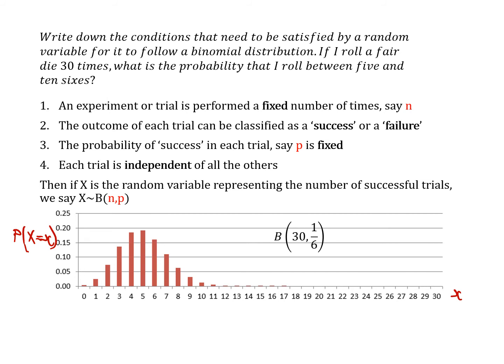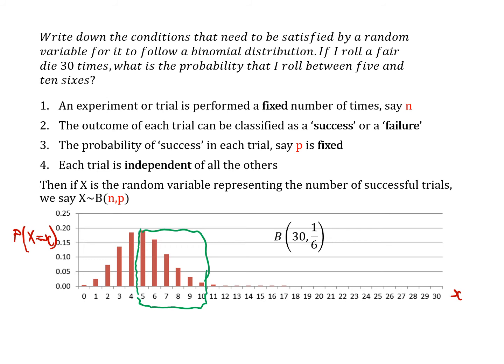So we want to know what the probability is of rolling between 5 and 10 sixes. So we want to add up all of these numbers. Now, if you have a graphical calculator which has the capability of calculating that for you, then that's the quickest way to find the answer.